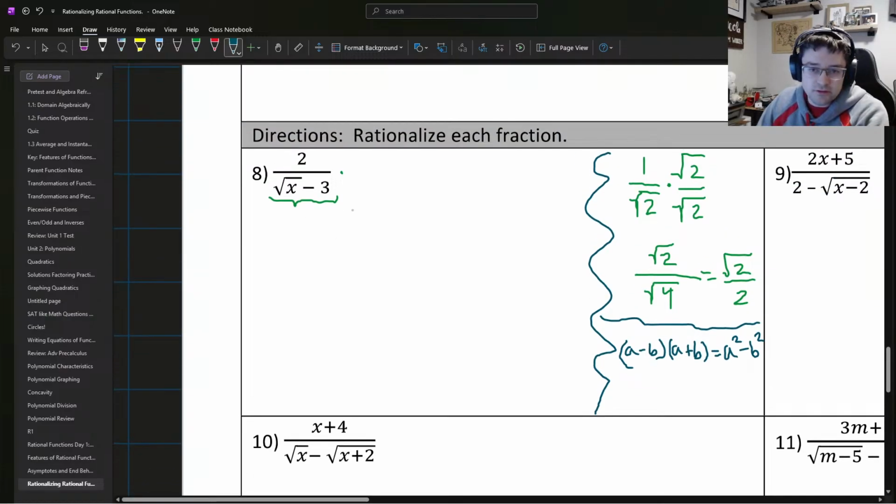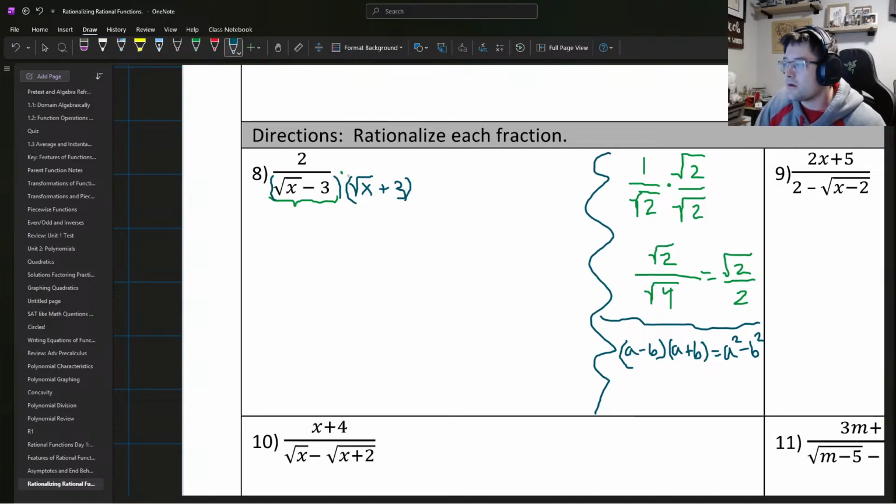So in a situation where we don't want a radical, we can force it away by saying, well, if I find the conjugate, square root x plus 3, and foil or distribute all this through, and I have to do it to the numerator also, then my result will not be a radical.